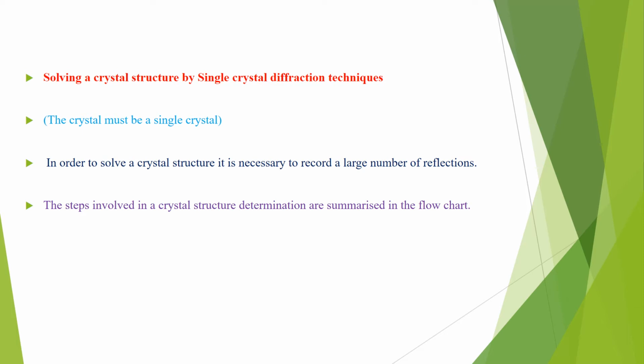And the Bragg equation specifies that if a crystal is rotated within a monochromatic X-ray beam such that every conceivable orientation of the crystal relative to the beam is achieved, each set of planes will have had the opportunity to satisfy the Bragg equation and will have given rise to reflection.